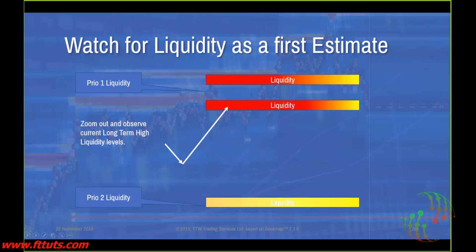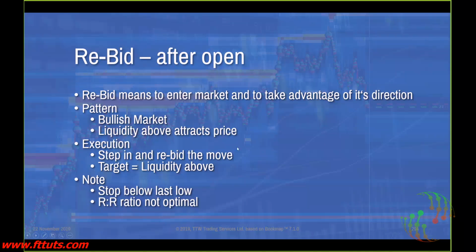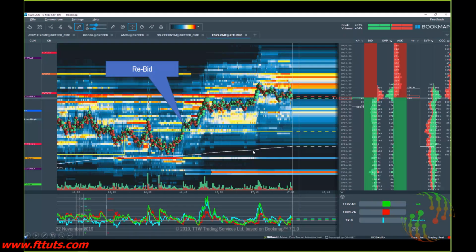Maybe this is a bit strange for you now, but I would like to mention it because it's fair to mention it, because it happens very, very often. So I'm calling it rebid. You can call it step in. Now we know the following. We have green dots here. That means the buying pressure is there. You see it very, very clearly.